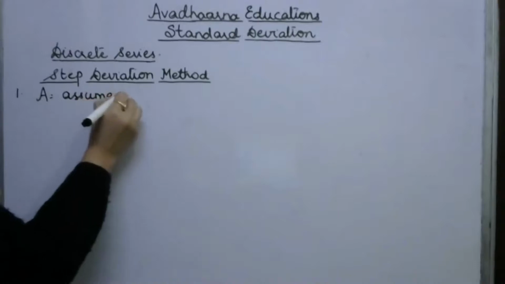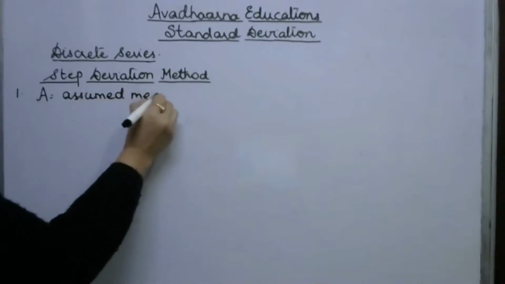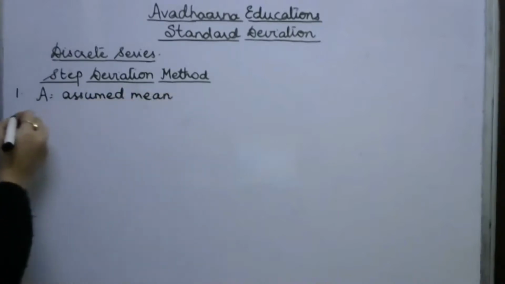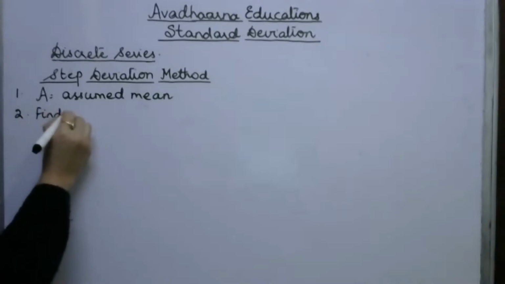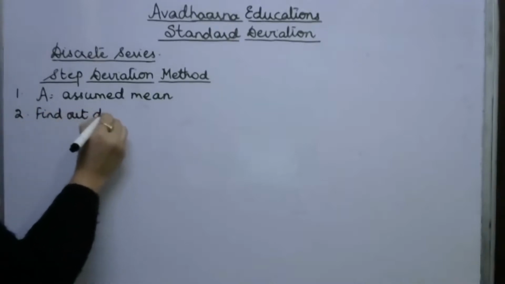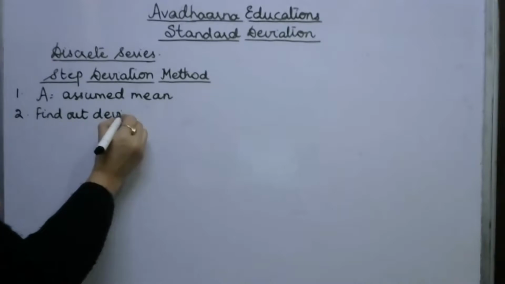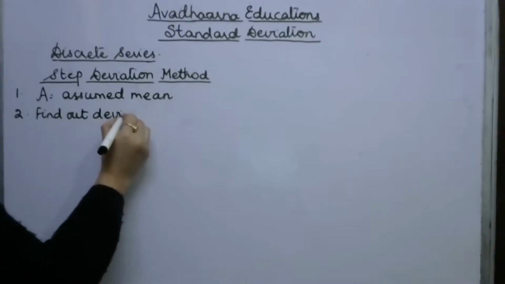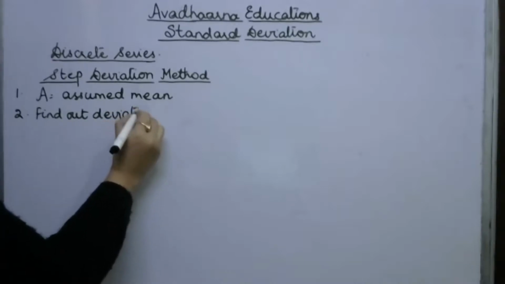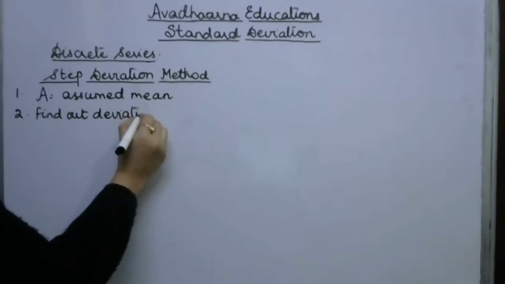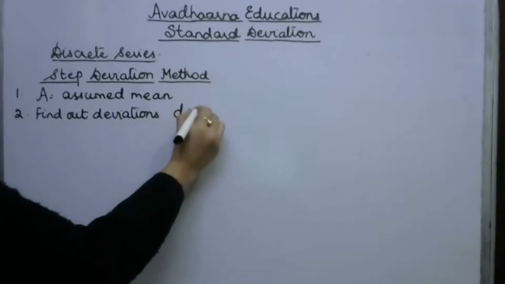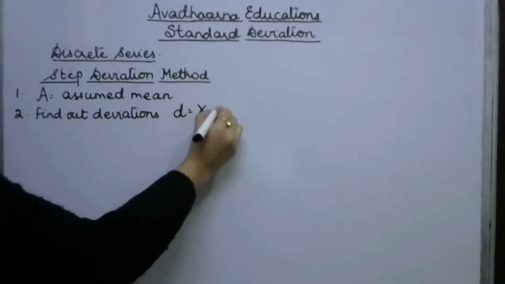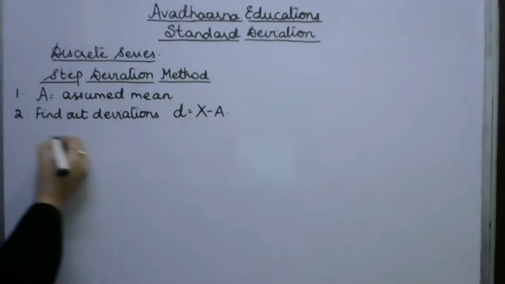Second step is to find out deviations, that is small d, of all the items from the assumed mean, which is nothing but x minus a.